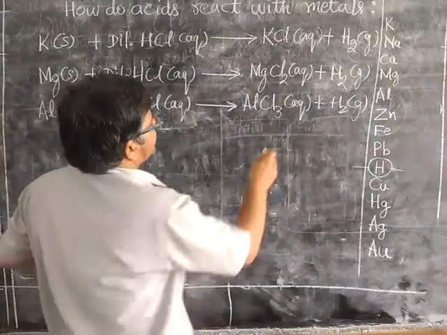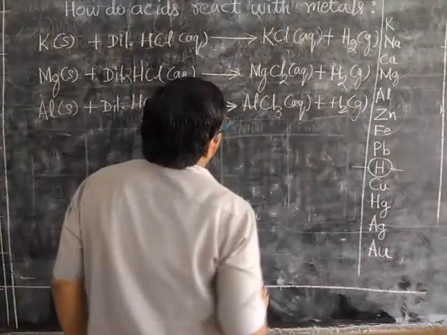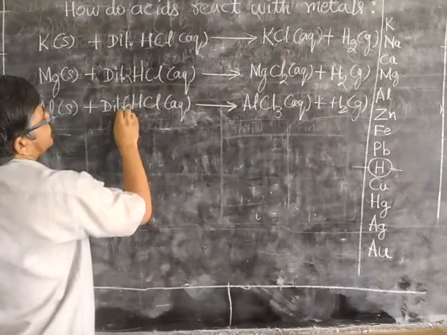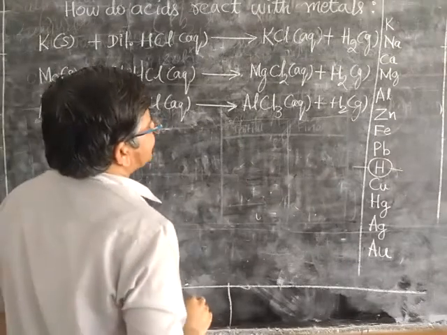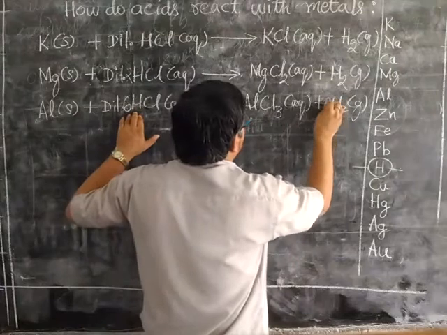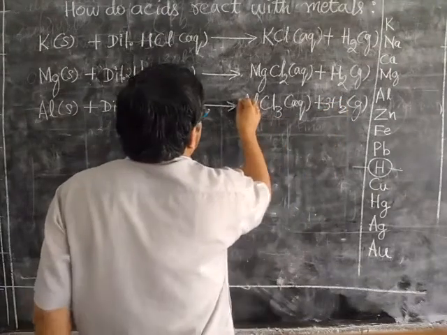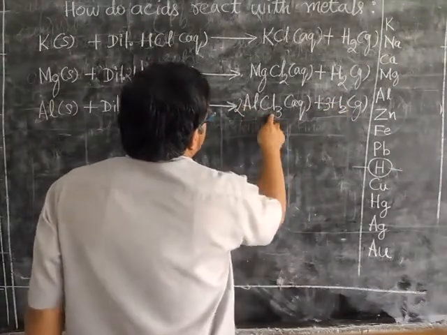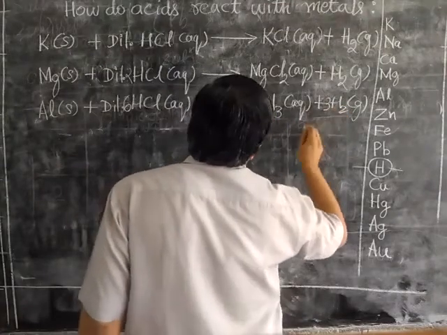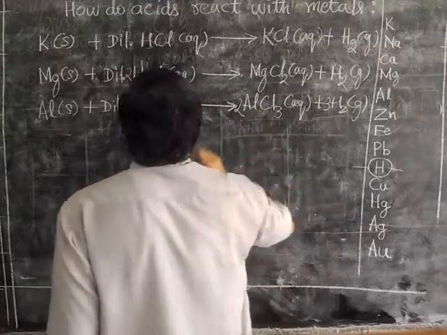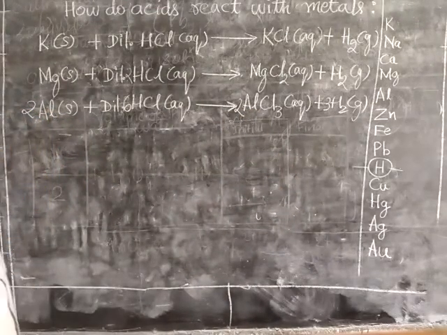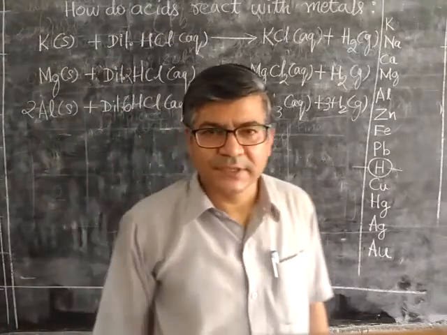So it's better to take a common number, multiply 3 and 2, and take it 6. 6 HCl. So in that case, you have to make it 6 by putting 3 and 6 by putting 2. Now 6 chlorine and 6 hydrogen and then 2 aluminium. You can put 2 over here. So this is the balanced chemical equation for the reaction.